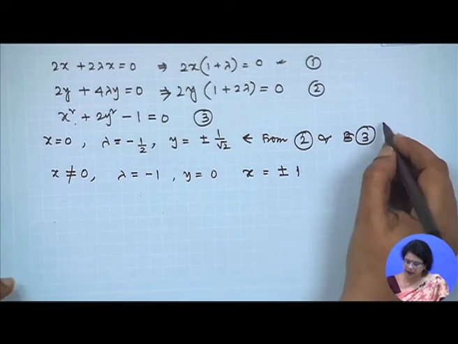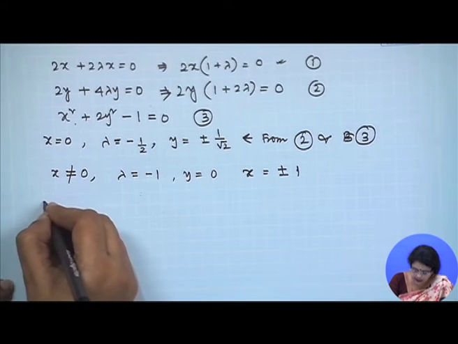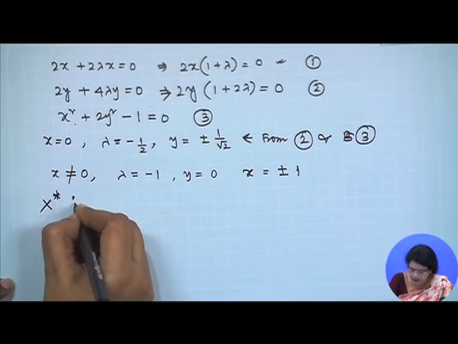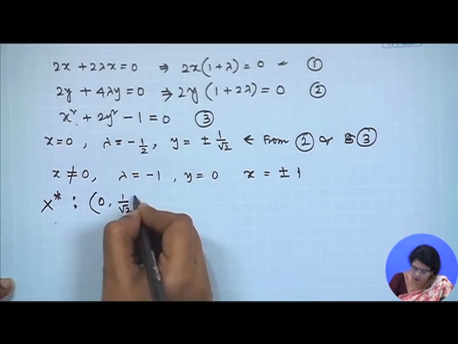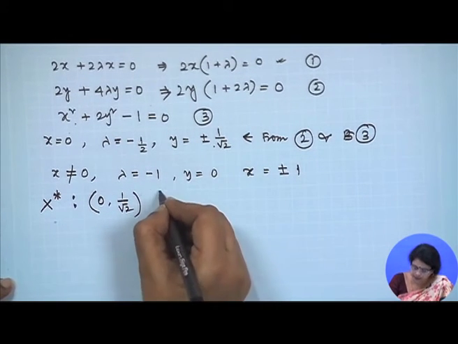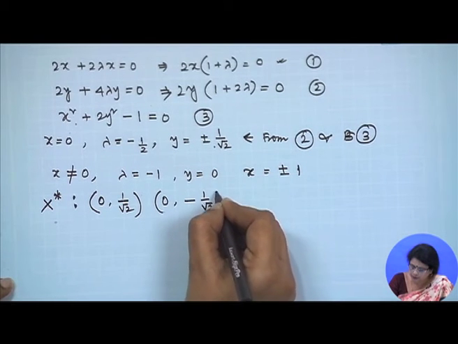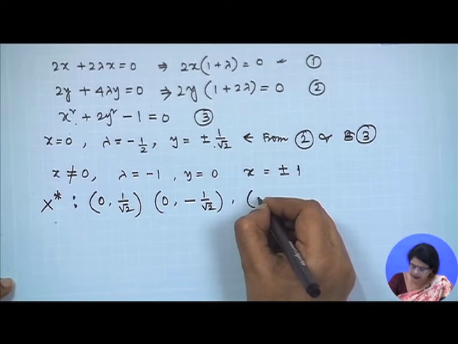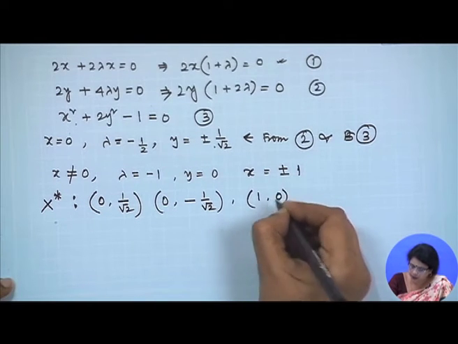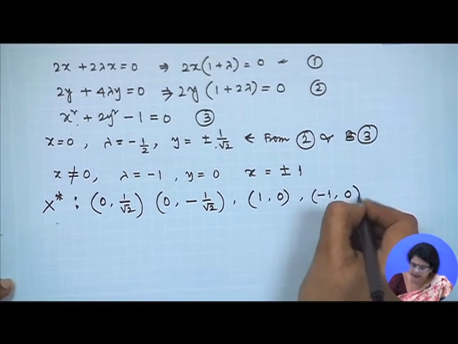Now from here, how many points are we getting? We are getting 4 points. These are the possible extreme points: 0, 1 by root 2; 0, minus 1 by root 2; 1, 0 because x is plus minus 1; and minus 1, 0.